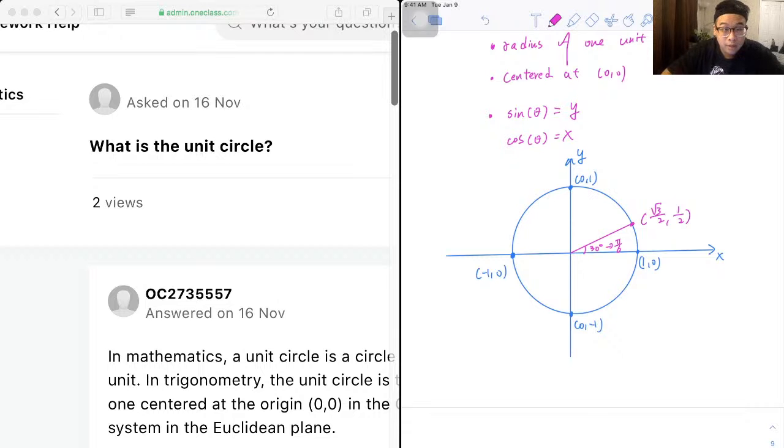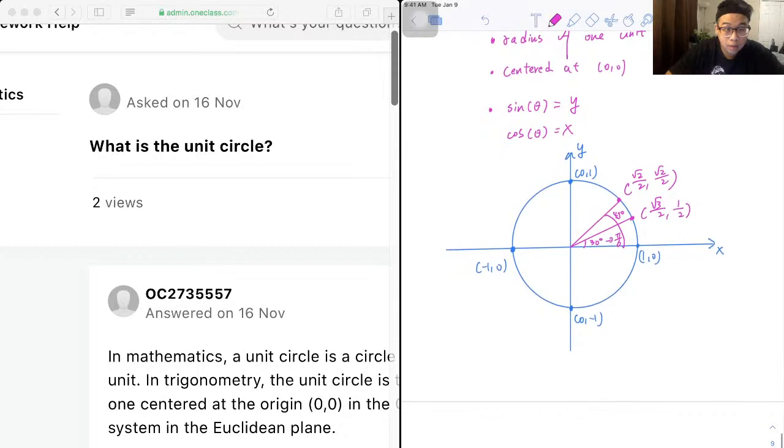Right. And then say we got 45 degrees. So that's 45. We have our coordinate as root 2 over 2, root 2 over 2. And if we got 60 degrees, the coordinate is 1 over 2, root 3 over 2.